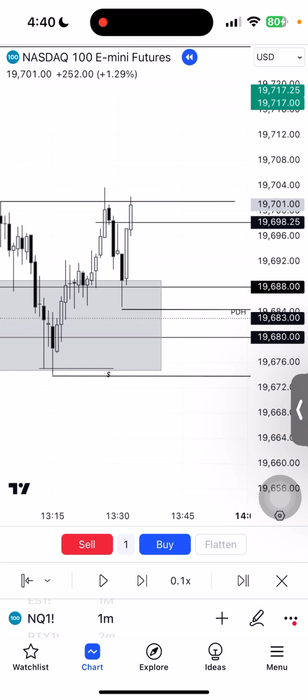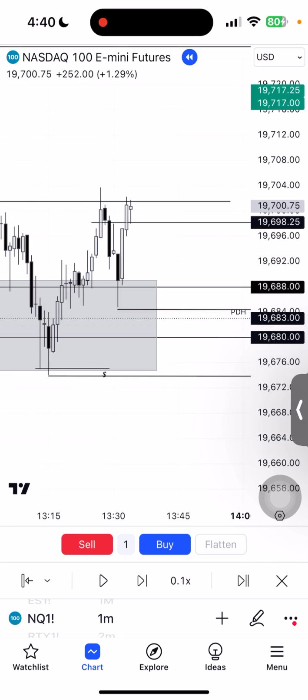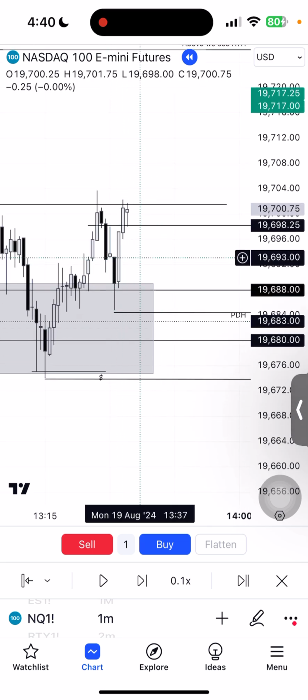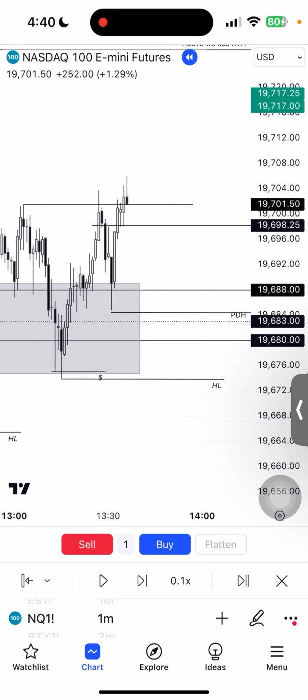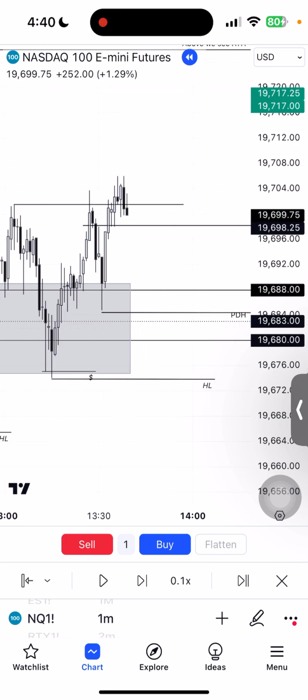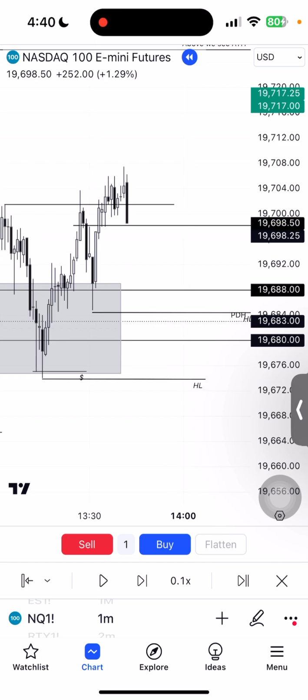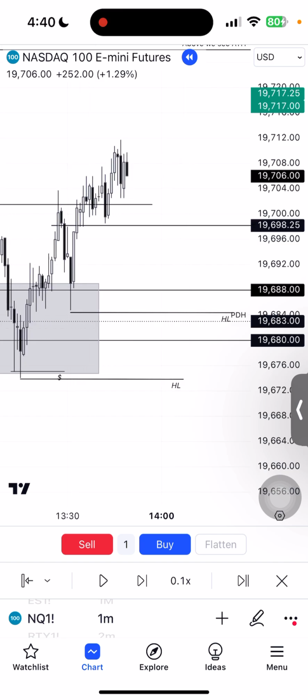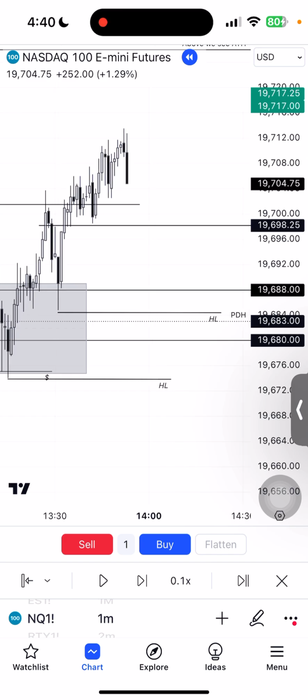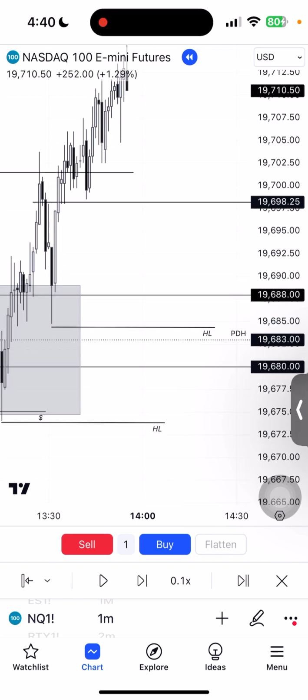So boom, we start to get that action there. We have an imbalance here that price could respect. Price moves up higher. Want to see some displacement. So it's very, very bullish there.